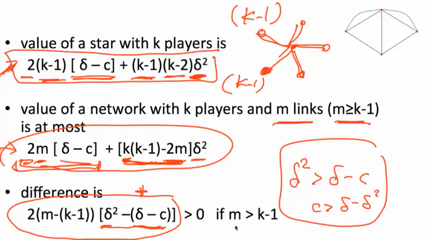And so if m is bigger than k minus 1, then this whole difference is positive. Okay, so this is more valuable. The first expression is more valuable than the second expression in a situation where m is bigger than k minus 1. So if we're using more than k minus 1 links, we're doing worse than if we just did the star. Okay?